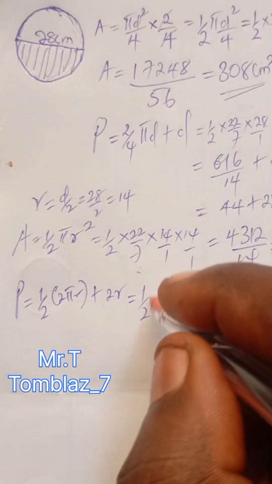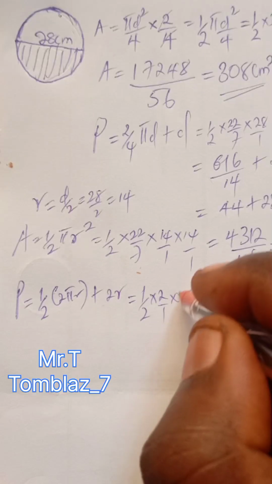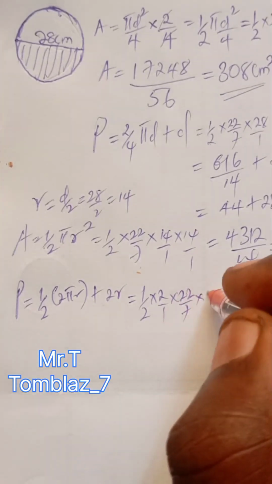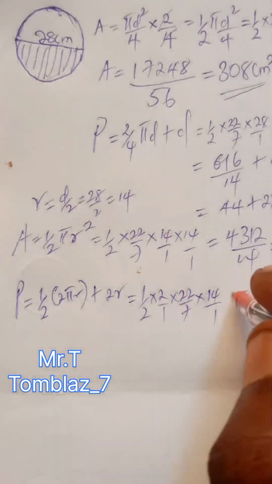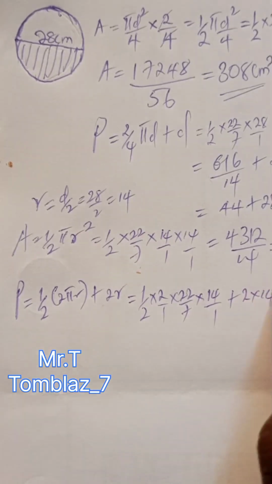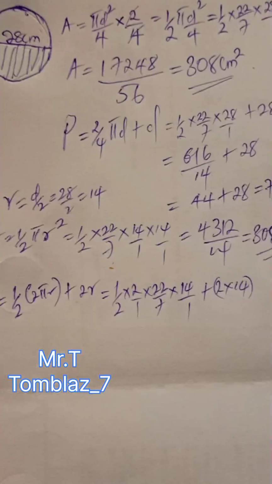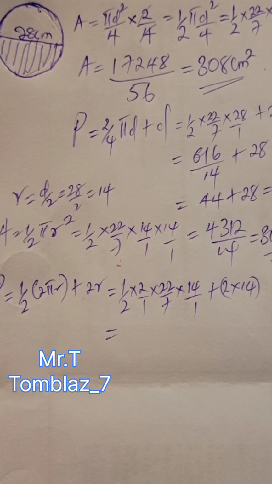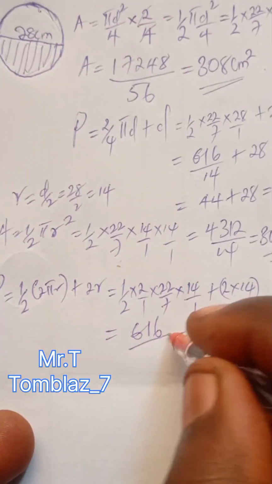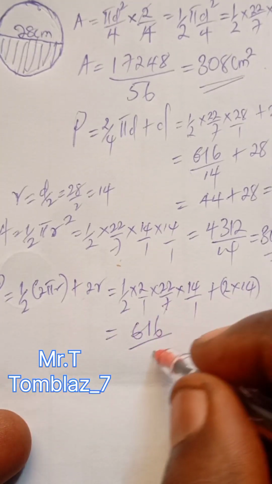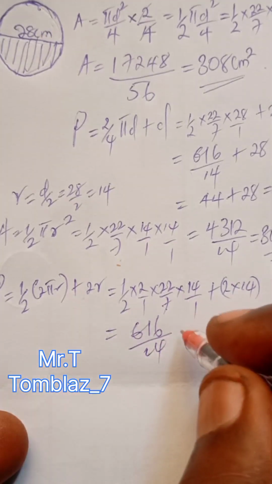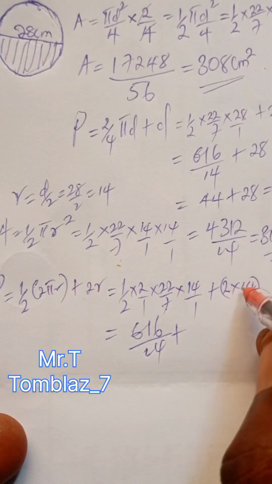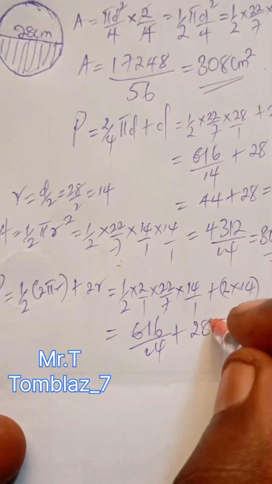We have 1 over 2 times 2 over 1 times 22 over 7 times 14 over 1, plus 2 times 14, in brackets. Multiplying the numerators, 2 times 22 times 14 gives 616, divided by 2 times 7, which is 14, then plus 2 times 14, which is 28.